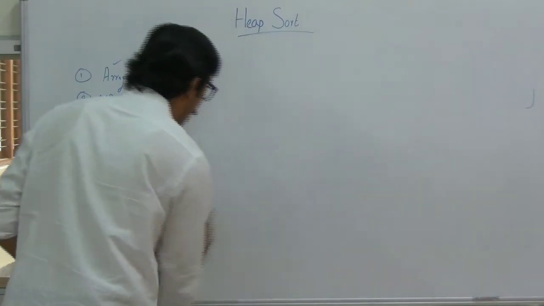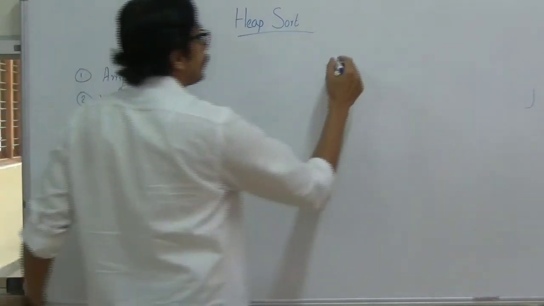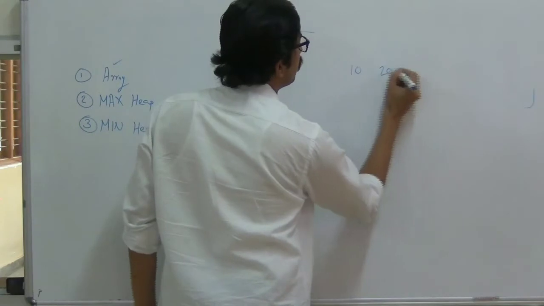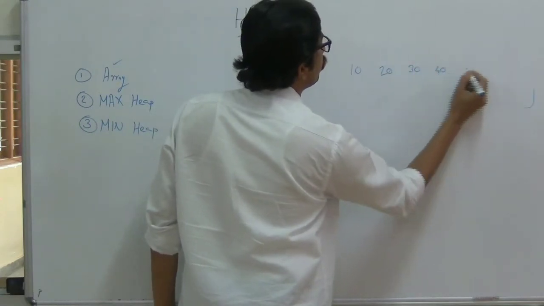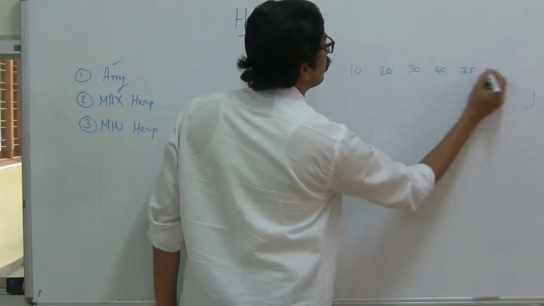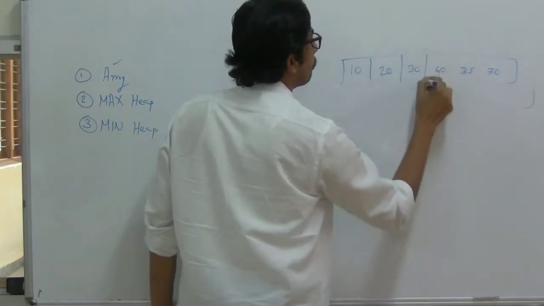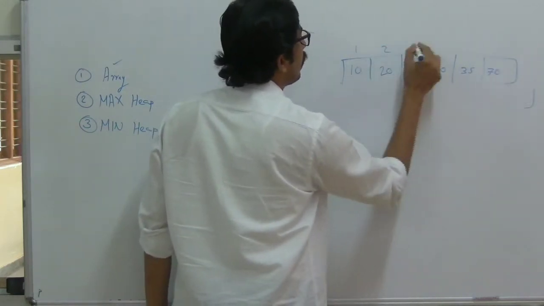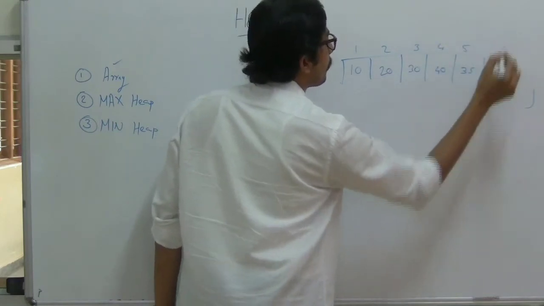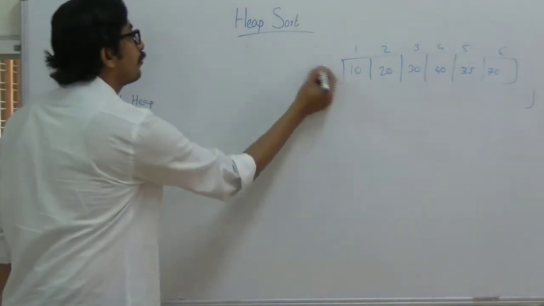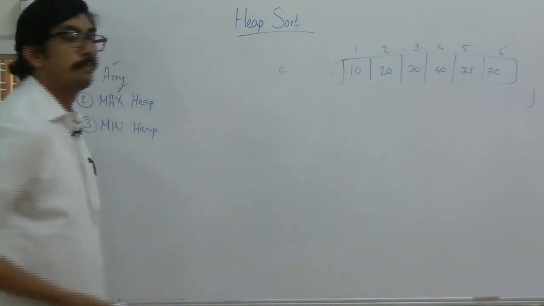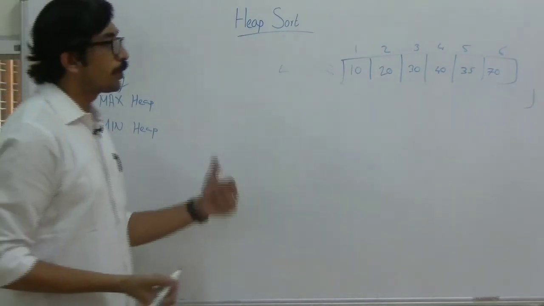Suppose you are having an array, say 10, 20, 30, 40, 35, 70. I am considering an array like this, and I have to represent it as a binary tree. How can we do that?